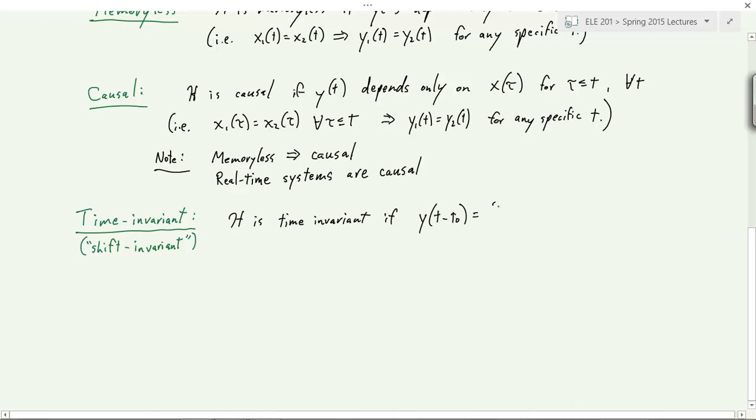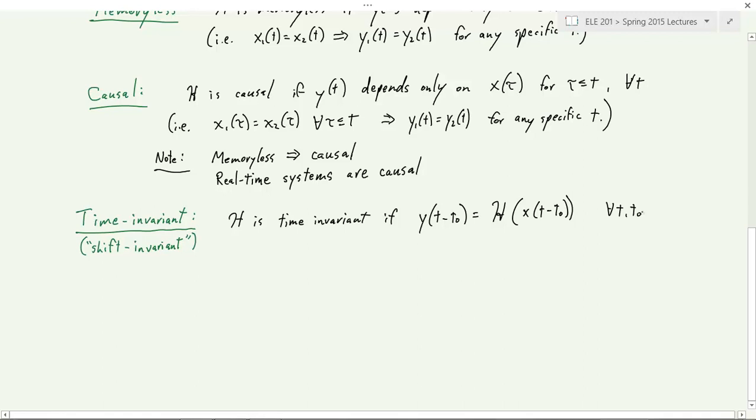So I can write that as the following. If I shift the input by t naught, for any t naught, and I put it through my system, then the output is just what it would have been, but also delayed. Okay, so if your system doesn't have an internal clock, then it should be time invariant, right?